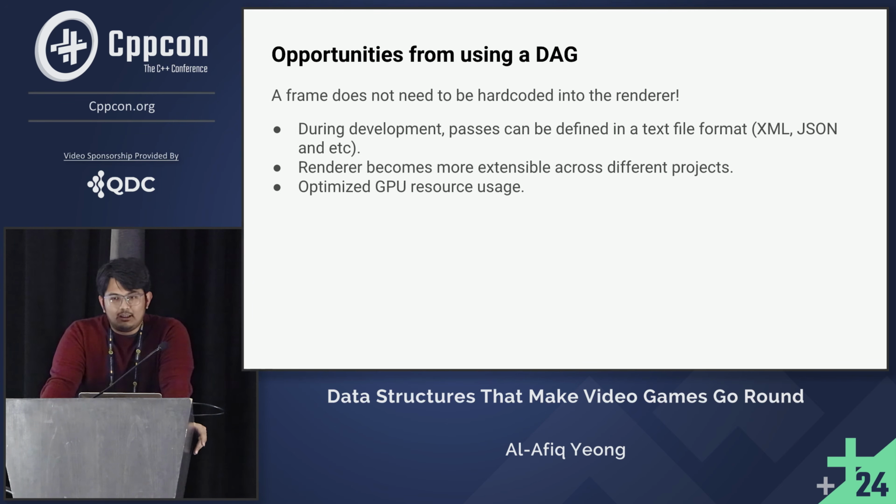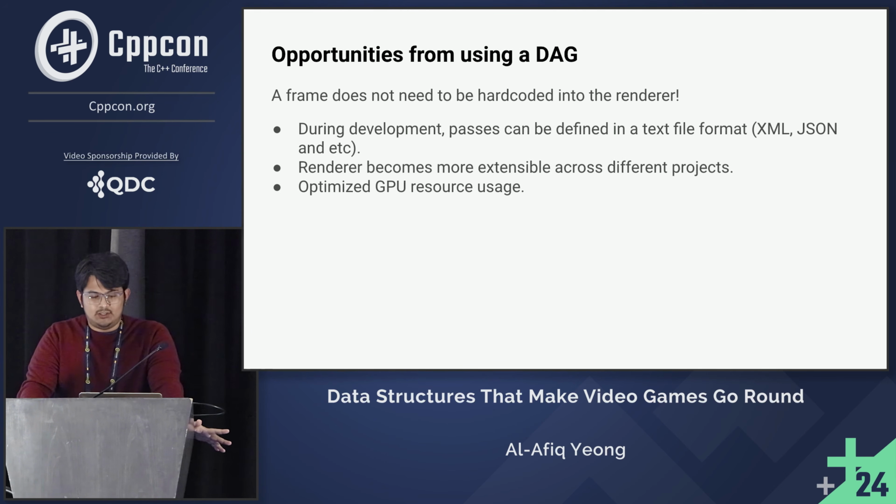By having a DAG, we can pretty much data drive the frame generation, right? You can define a pass in an external text file, XML, JSON, or whatever. And during development, you can basically tweak the parameters and adjust the pass's dependency. By doing this, the renderer becomes project agnostic and more extensible.